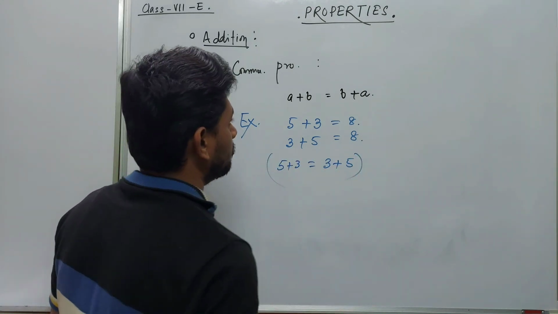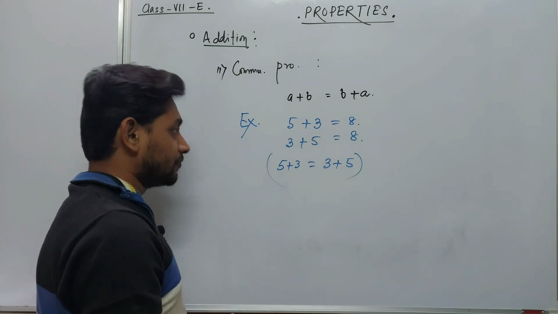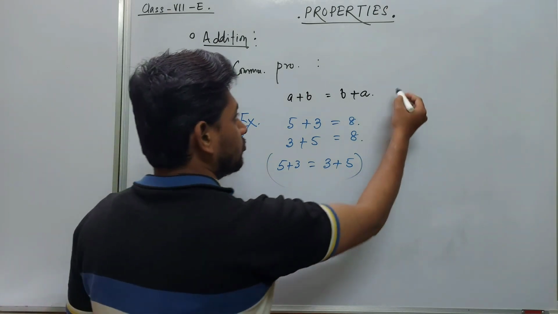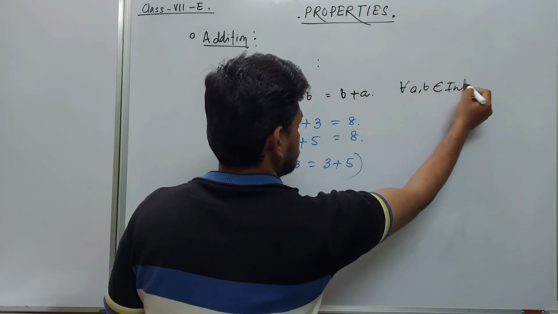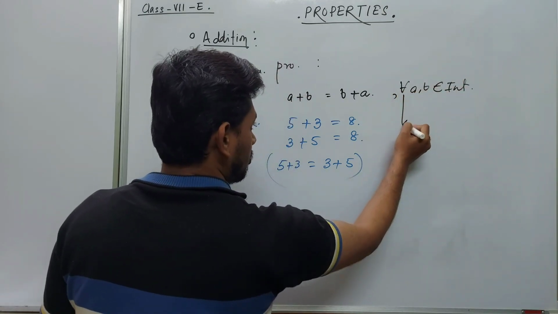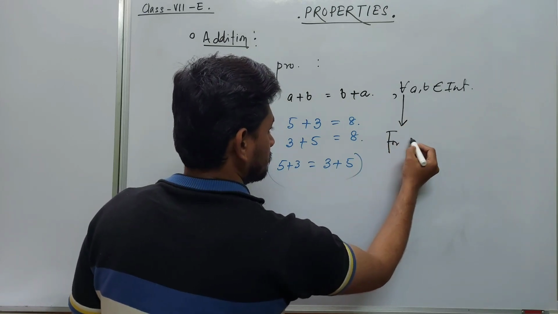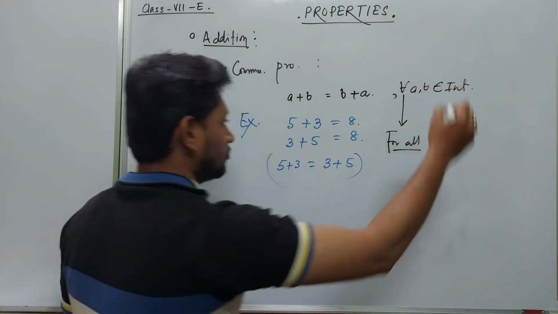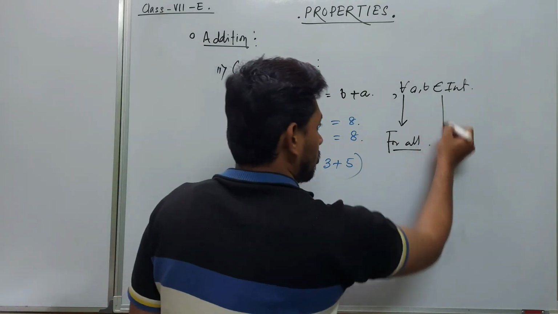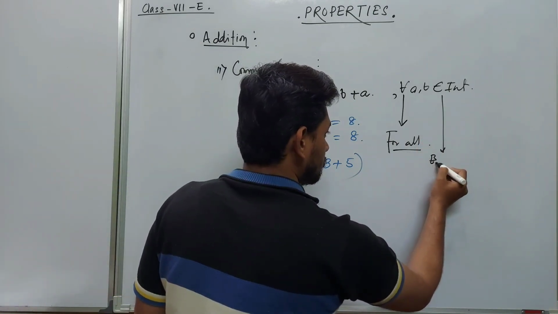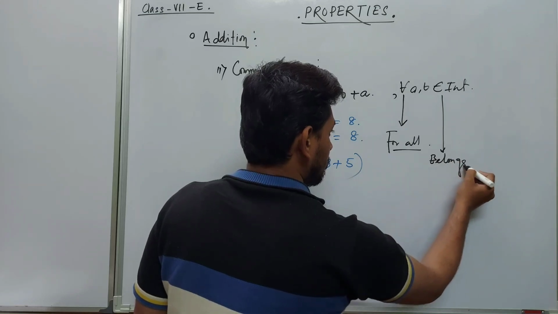This is called the commutative property. Here you can write, for all a, b belongs to integers. This sign is called 'for all', and this sign is called 'belongs to'.